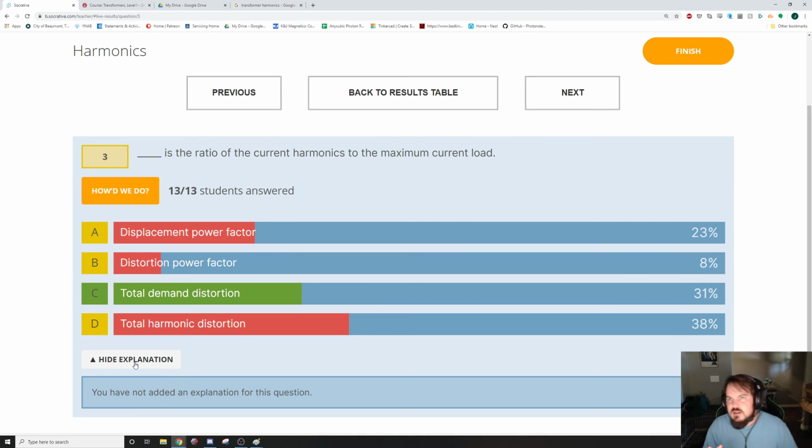This is a lesson that I don't go over much, so I have to reteach myself every year. Current crest factor. Total harmonic distortion? Nope. Odd and even numbered harmonics? No, we haven't.